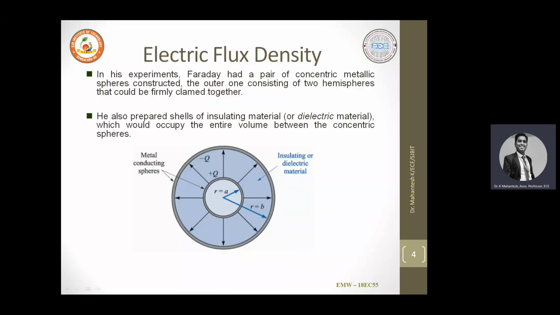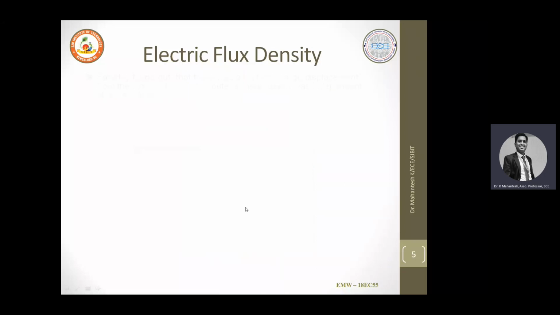You can see here the outer and inner metallic conducting spheres and the dielectric material between them. The inner sphere has radius r equal to a and the outer sphere has radius r equal to b. The inner sphere is charged with positive charge, the outer sphere with negative charge.